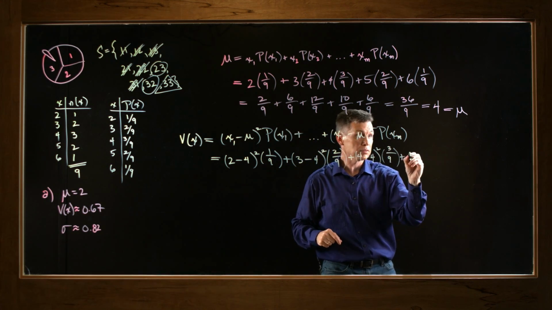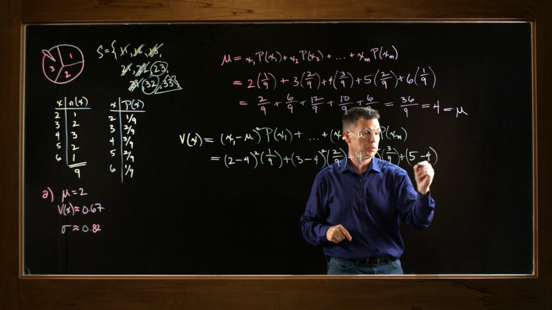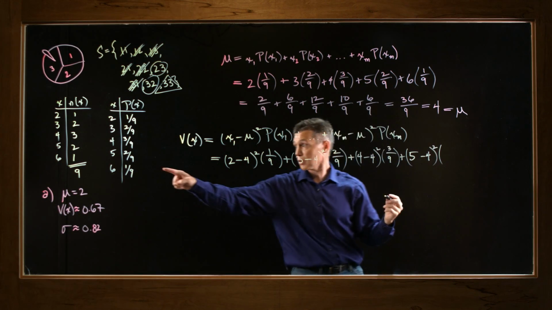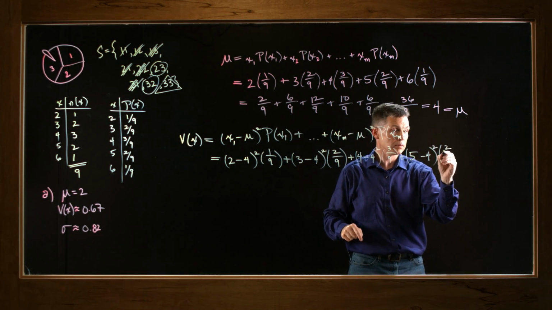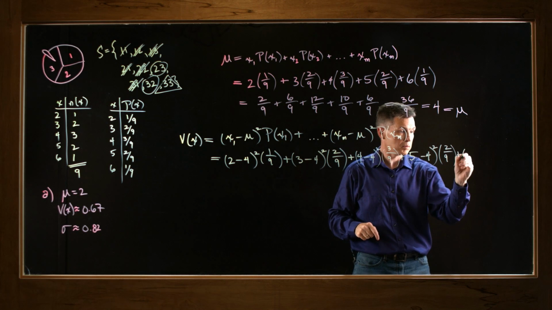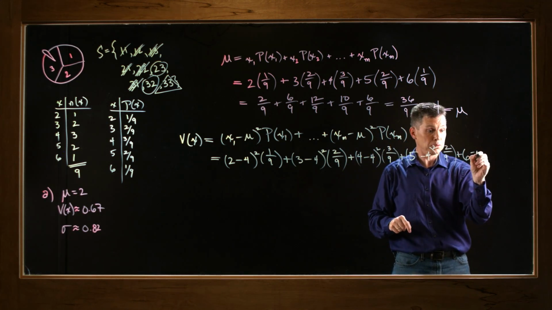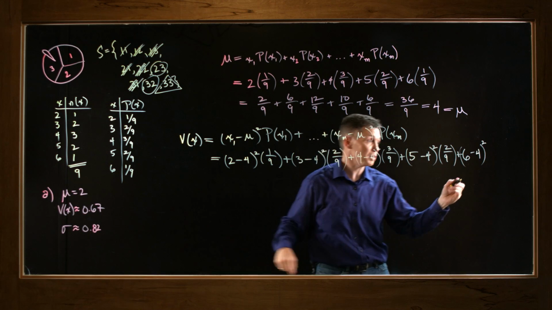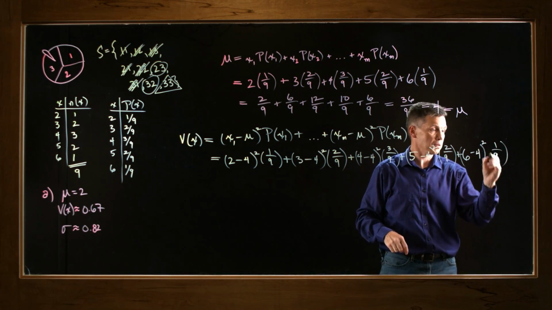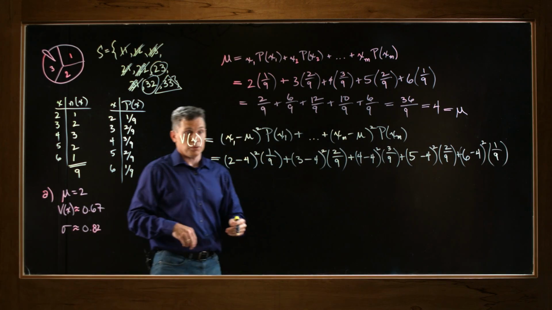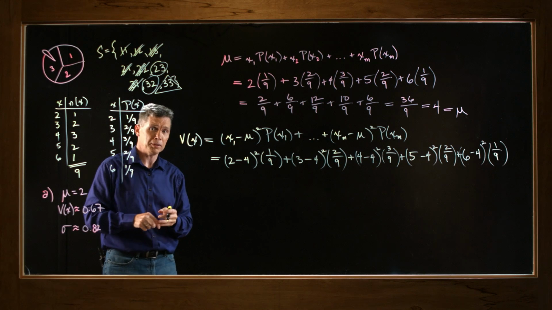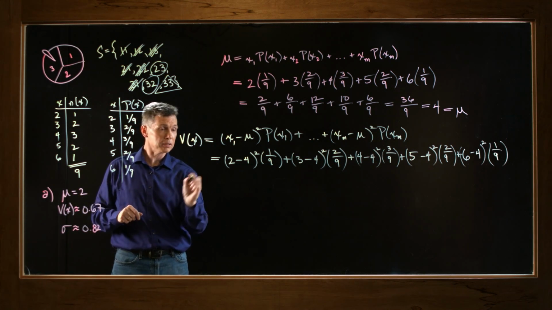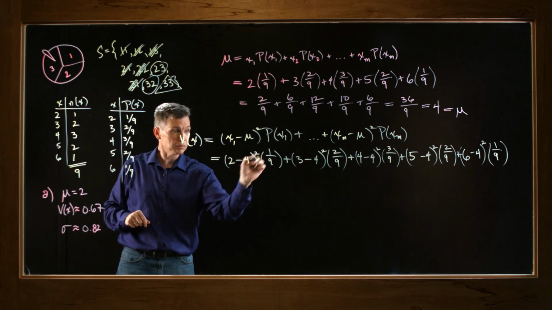Value of 5 minus the mean squared times that probability. Value of x, subtract the mean squared times that probability, 1/9. Whew. Okay, a little bit of work, but hopefully if you get the formula right, you know what to plug in where based on the formula.